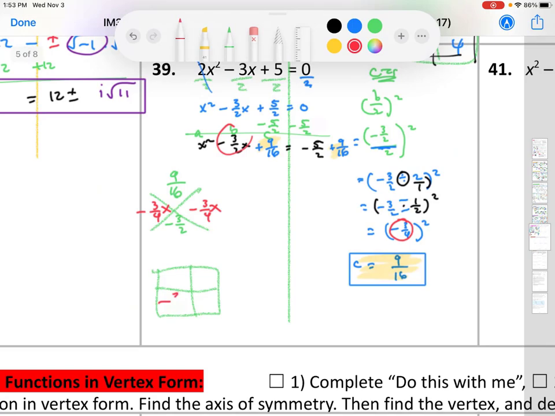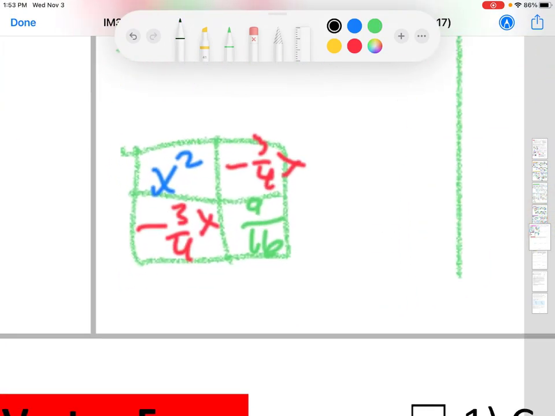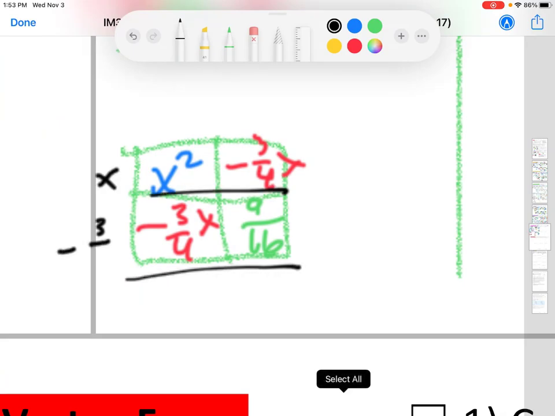Alright, so here, here, here, and here. Greatest common factor is x, negative 3/4, x, and negative 3/4.